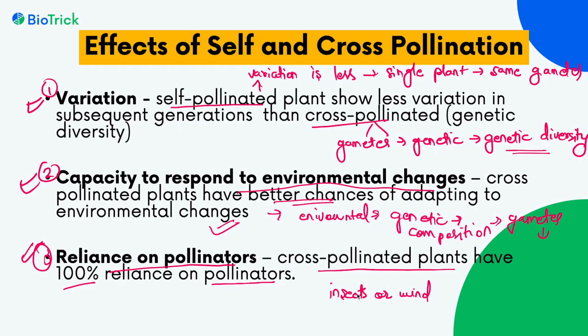While in case of self-pollination, anther and stigma can by chance come in close contact and pollination can occur, but it is impossible in case of cross-pollinated plants. So they are more dependent on pollinators as compared to self-pollinated plants. So these are the effects of cross-pollination and self-pollination.